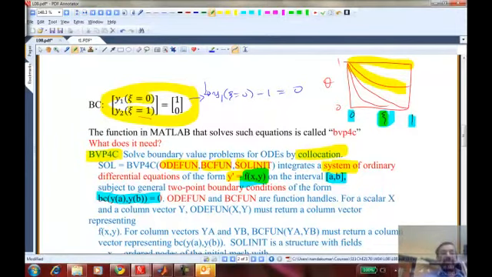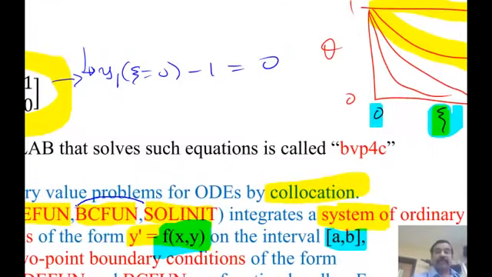And the second boundary condition, so the boundary condition function will take two inputs also. There is a vector y, which will contain both y1 and y2 at A, and a vector y, y1 and y2 at B. So these four numbers will come from BVP4C. That is, MATLAB will send these four numbers to your function that you're going to write for this part.